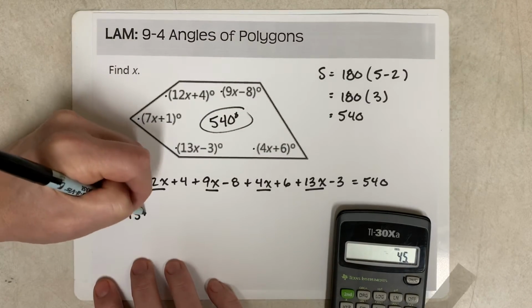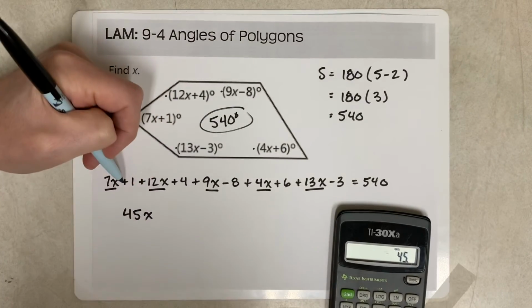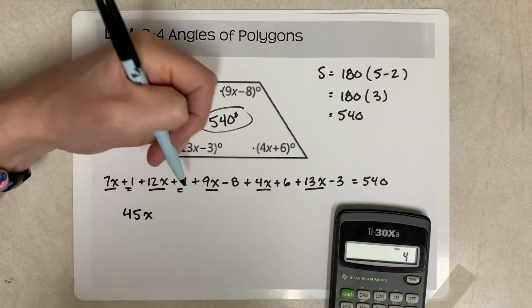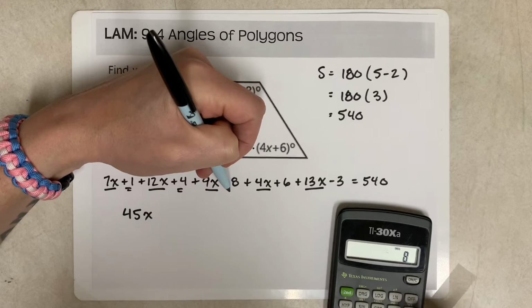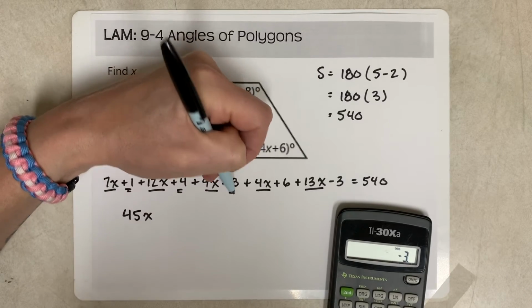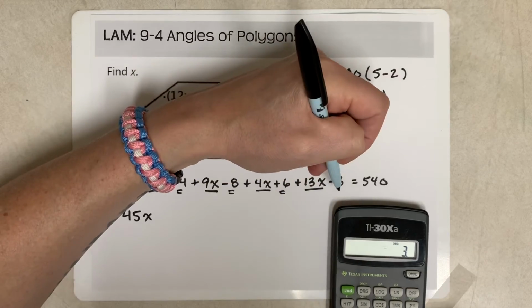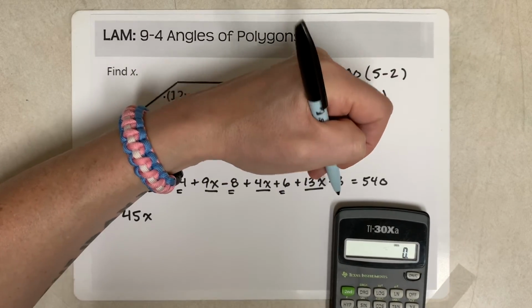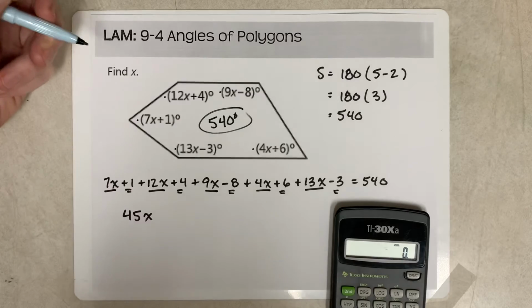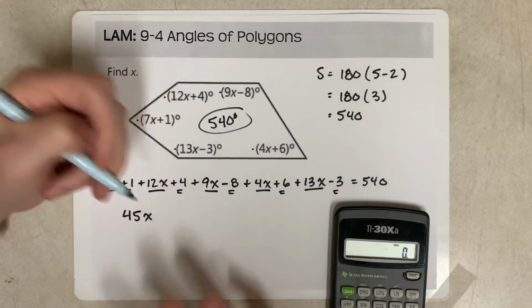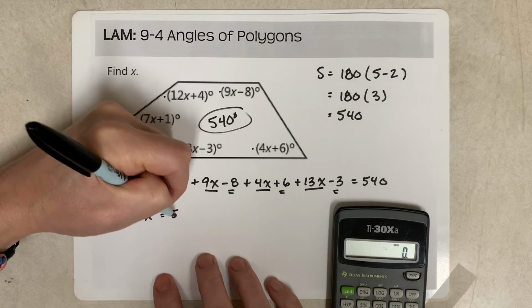So we have 45 x's, and now we have some constants. 1 plus 4 minus 8 plus 6, and then minus 3, 0. So everything canceled out. So it looks like now we're going to get 45x plus 0 is equal to 540.